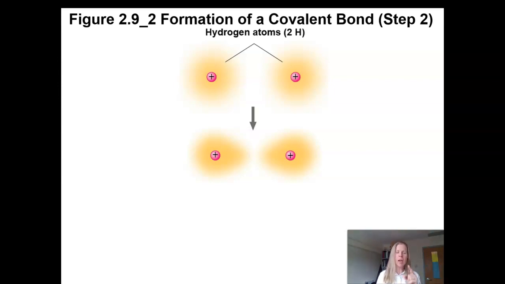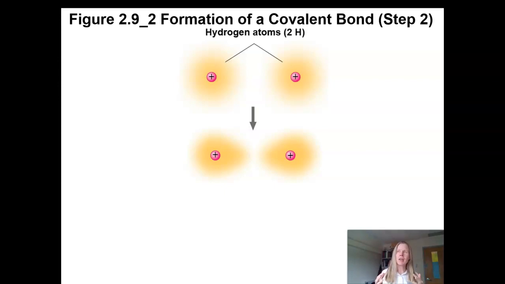Hydrogen's atomic number is 1, so we know it has 1 proton. Unless it's an ion, you can infer that the number of electrons is the same. So if each of these hydrogen atoms has 1 proton and 1 electron, its outer shell only has 1 electron. Its outer shell can hold 2 electrons.